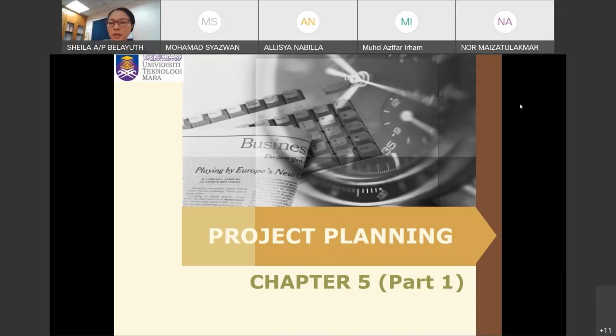Okay, so you will see that when we talk about project planning, every stakeholder, it depends on what is their interest. What do they want to see of their planning? So the client would see the entire milestone daripada awal sampai hujung. But for the contractor, just starting from the construction.